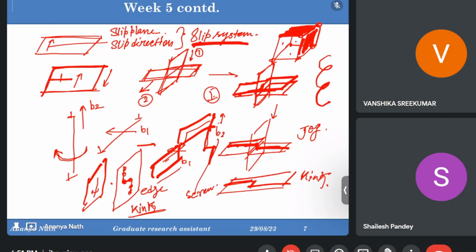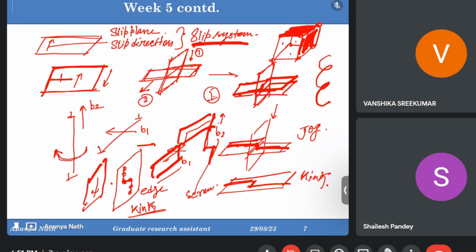It's like the screw will always follow the direction parallel to the Burgers vector, and the edge dislocation will always follow the direction perpendicular to the Burgers vector, and they are interacting with each other. This is why it has generally been found that if the edge is interacting with the screw, then the screw will have a kink and the edge will have a jog.